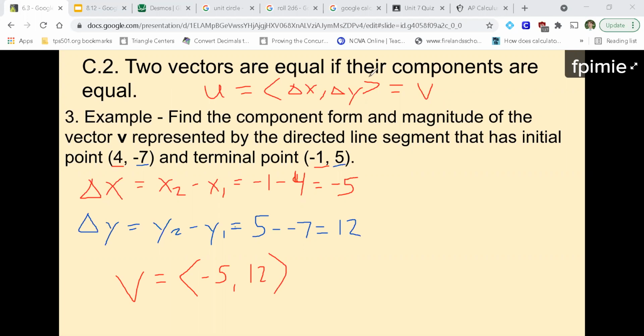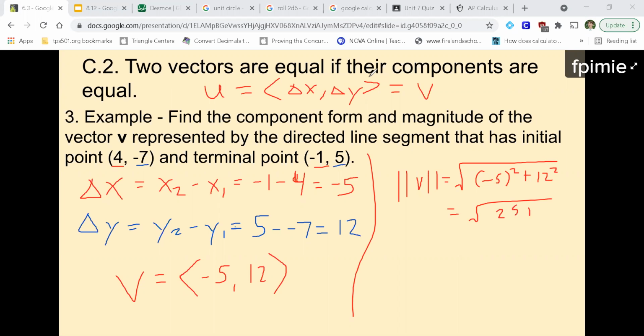And then if I want to find the magnitude of v, it's really easy. The magnitude of v is the square root of -5 squared plus 12 squared, or 25 plus 144, which is 169, which is 13.